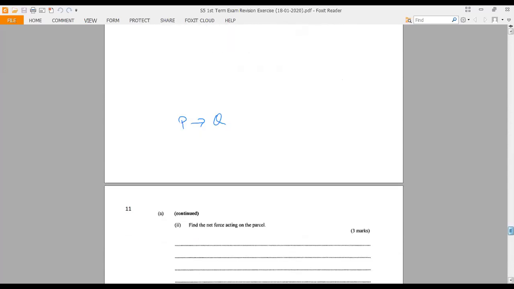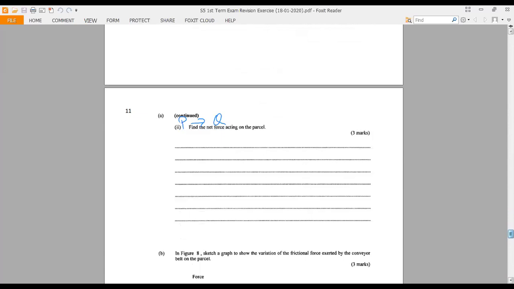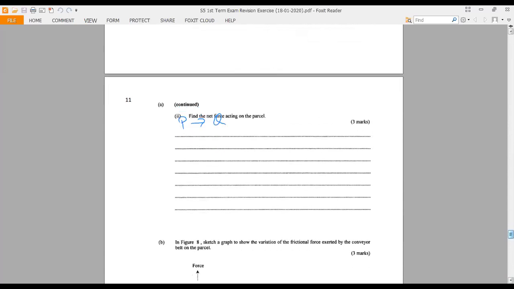Let me write down. Displacement is 5 meters. Time is 2 seconds. And originally, the initial speed is 0. So we know that the net force is equal to friction according to the free body diagram we have.